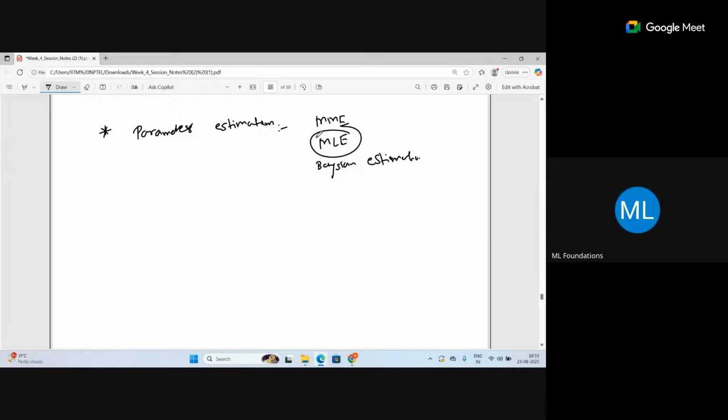Any distribution we look at will have some parameters, but from the sample we will not be able to tell the parameter exactly. So these methods help us. Basically, the parameter helps us identify the probability of observing the sample. So what is the maximum probability that this sample will occur given the parameter? This gives the maximum value of that likelihood, the particular parameter estimate. Yes, this is the maximum likelihood estimator.